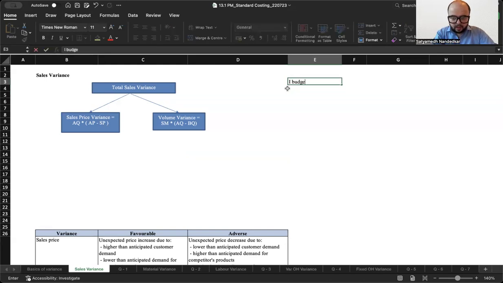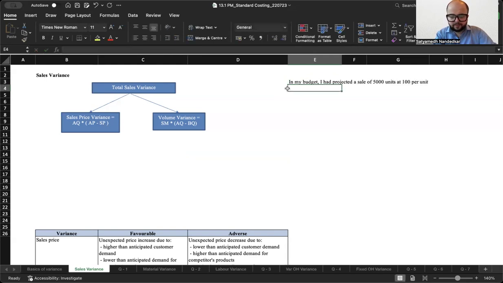In my budget, I had projected a sale of 5,000 units at 100 per unit.